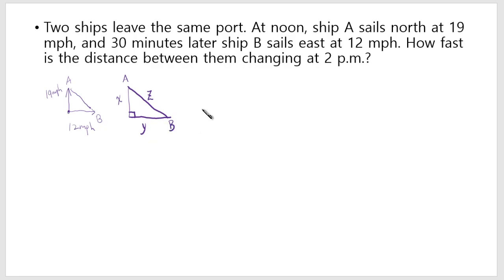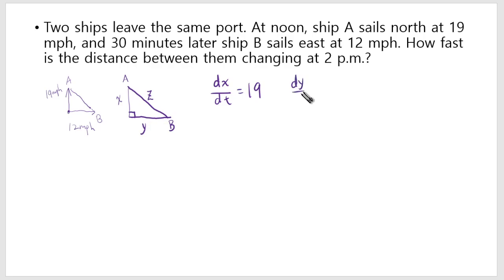Okay, so what's given here? First, ship A sails north at 19 miles per hour, so this X will change with respect to time. The rate of the distance with respect to time, that's called the speed. Yeah, that's 19 miles per hour.